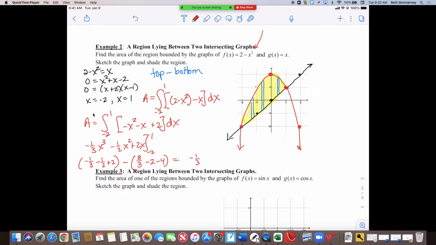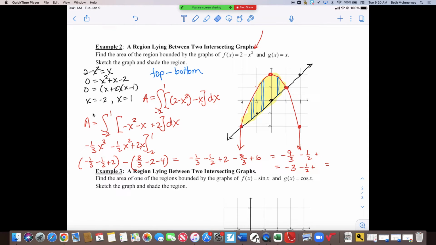This is negative 1/3 minus 1/2 plus 2 minus 8/3. And do you notice that's a plus 6? Because it's a minus 6 and then I distributed. Then look, that's negative 9/3 minus 1/2 plus 6. That's negative 3 minus 1/2 plus 6. Did I make a mistake? Yeah, where did I go? Oh, yeah, thanks. I'm like, wait, I just made a mistake.